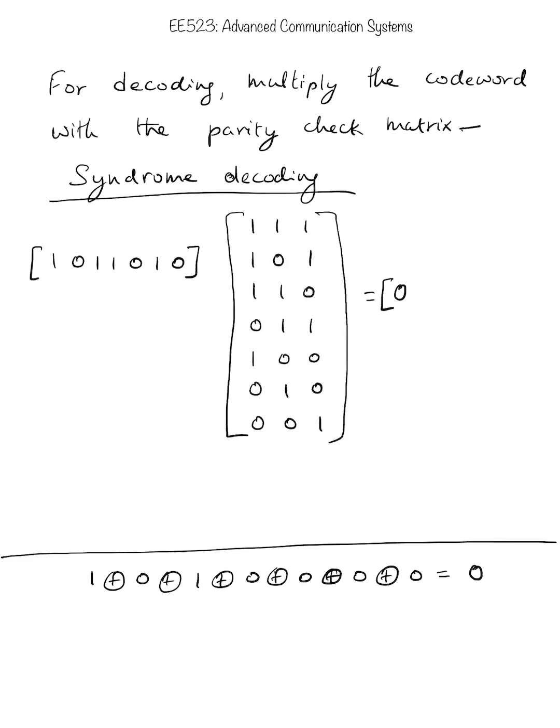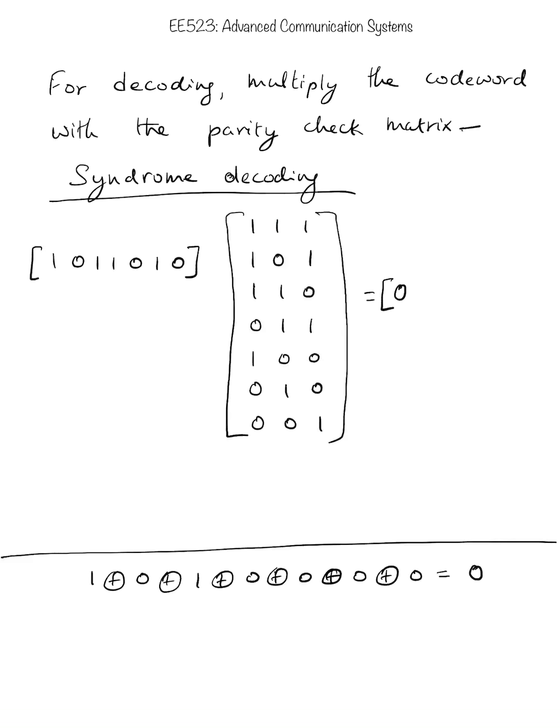Then we do the same thing with the second column. Multiply the code word with the second column of the parity check matrix. So that would be 1 into 1, that's 1.